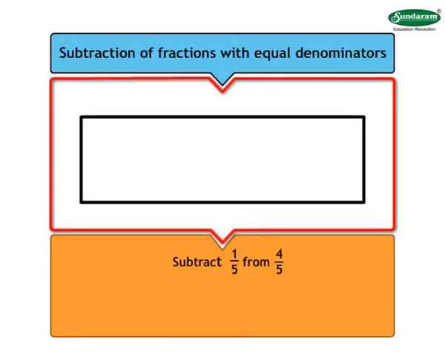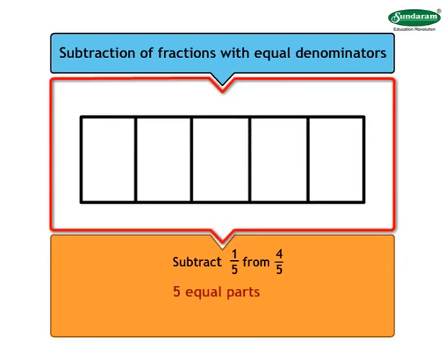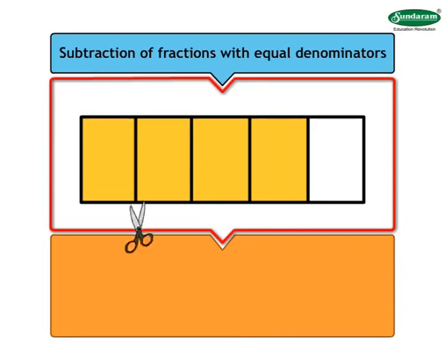As seen in the figure, there are totally 5 equal parts made. So, 5 is the denominator. 4 parts are colored. So, 4 is the numerator. Thus, the fraction becomes 4 upon 5. Since we have to subtract one colored part out of the 4 colored parts, cut out that part.